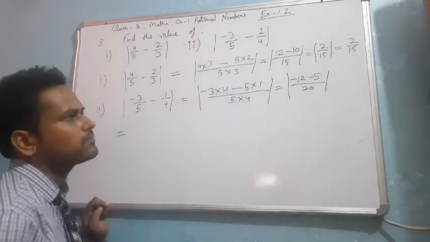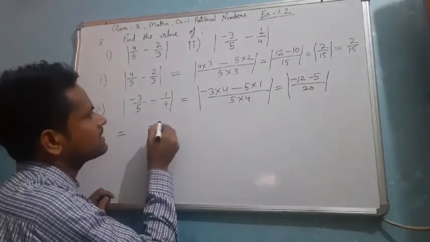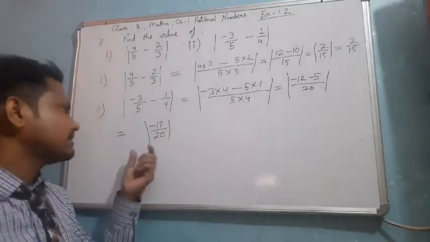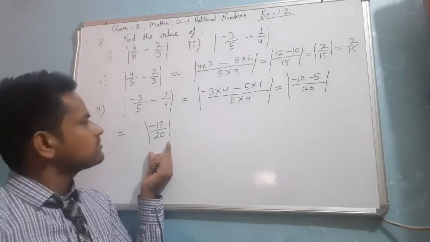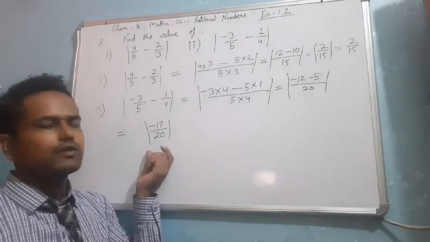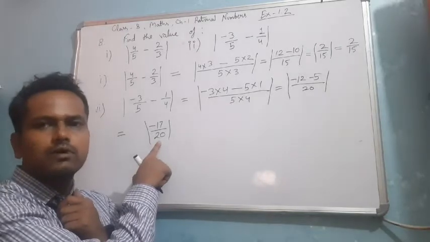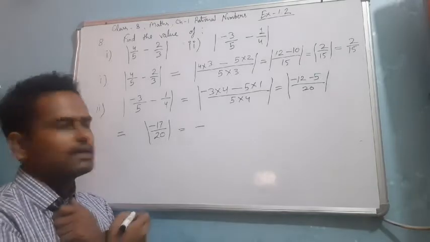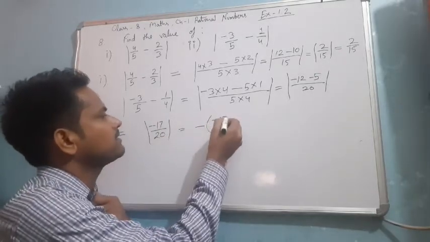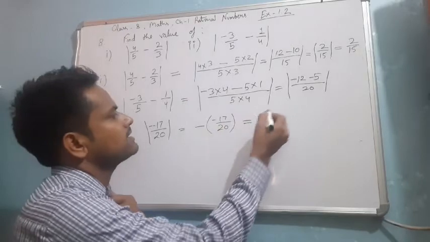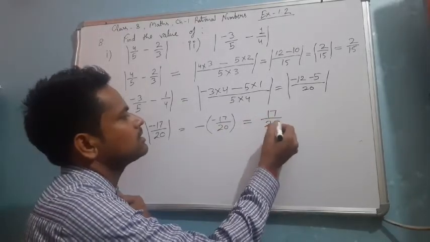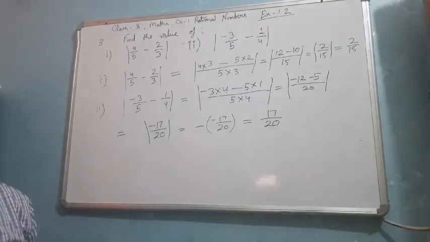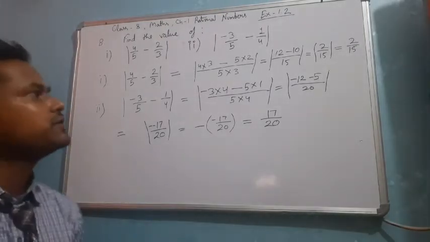Minus 12 and minus 5 is minus 17 upon 20, and we need the absolute value of minus 17 by 20. Here the rational number is negative, so it gives minus a, that is, 17 by 20. Got it? So that will be your answer. Pause the video and note it down.